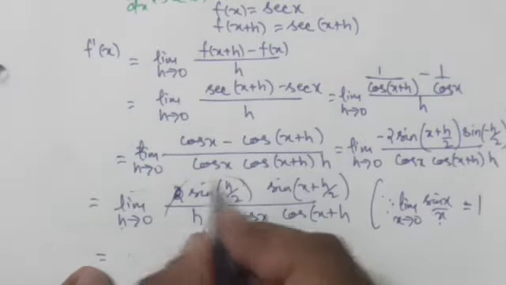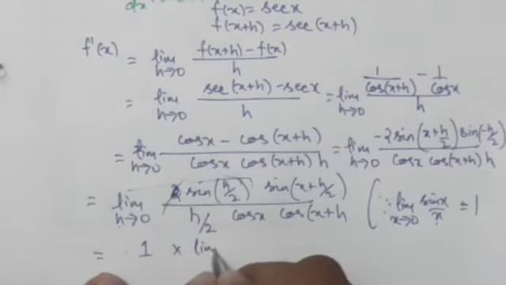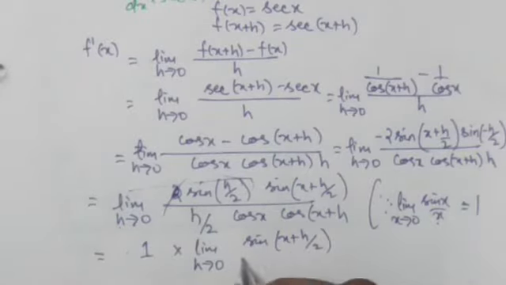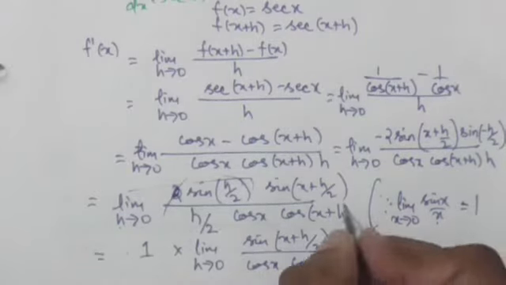So this limit will become 1 into limit h tends to 0 sin(x + h/2) upon cos x into cos(x + h).